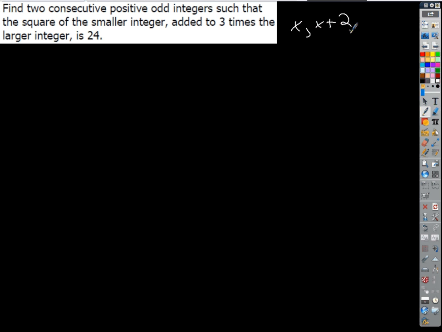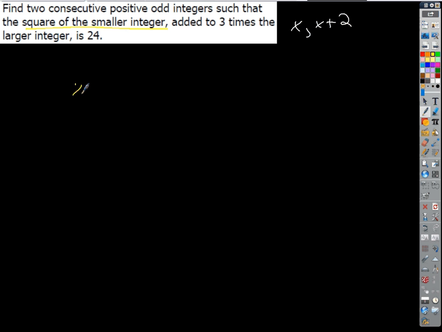Okay. All right, so now let's see if we can turn all this other stuff into an equation that's going to allow us to solve for the value of x, and therefore I'll know both of the numbers, right? The square of the smaller integer added to 3 times the larger integer is 24. Okay, so how can I take this, the square of the smaller integer? x squared.